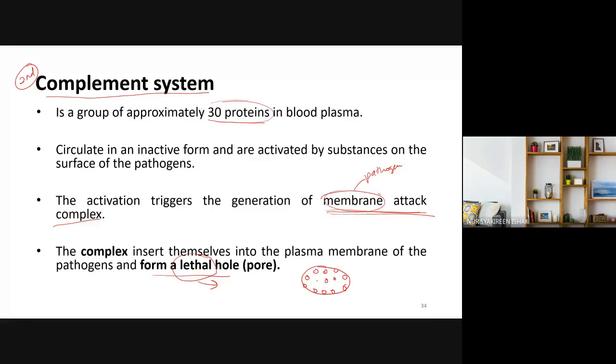So once there are many pores produced at the plasma membrane of the bacteria, water, ions, okay, can enter into the bacteria or the virus and cause the bacteria or virus or the pathogen to burst. Okay, burst, lyse, and then destroyed lah. So that's why we call it the lethal hole. Lethal, berbahaya. Okay, bukan little lethal.